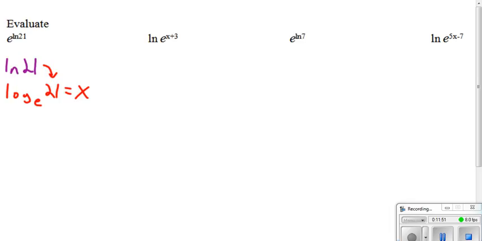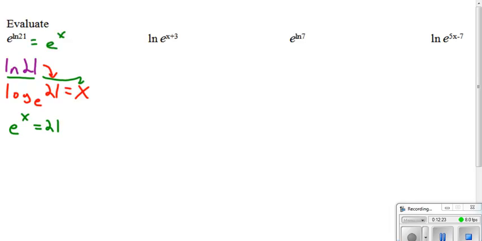We could plug it into our calculator and find it out, but let's just think of this intuitively. If we change this to an exponential form, we would say then that e to that number x is going to be 21. So if ln of 21 equals x, essentially then we're saying e to the ln 21 is the same as saying e to the x.